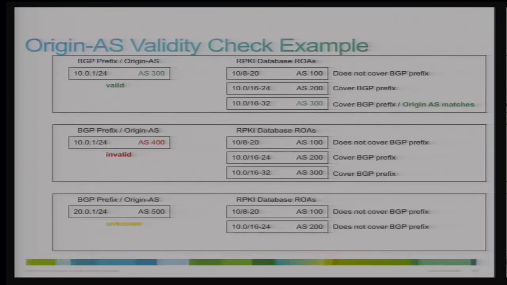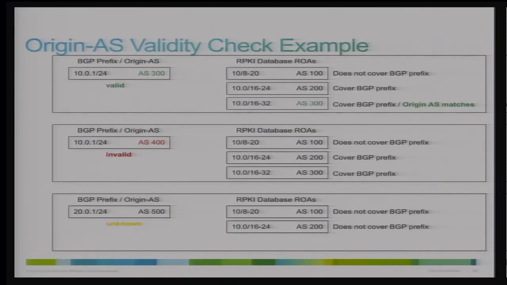If I receive another one from AS 400, it has a matching prefix, but it doesn't have a corresponding entry that matches AS number 400. So in this case, it is invalid. Then, if you receive a third one which is not in the database, it is classified as unknown.